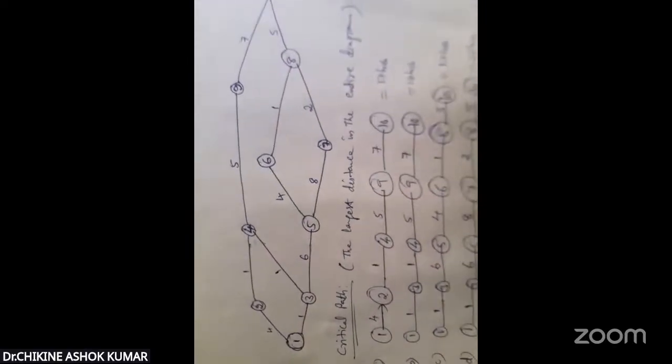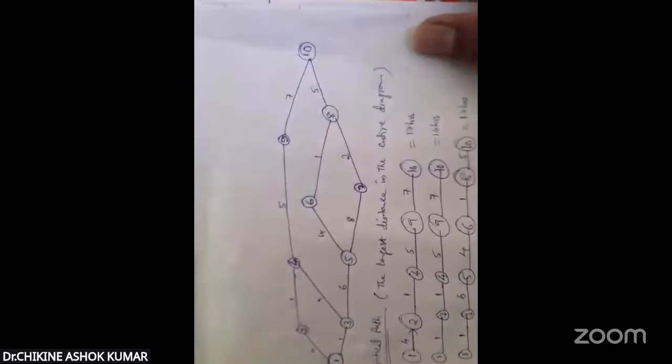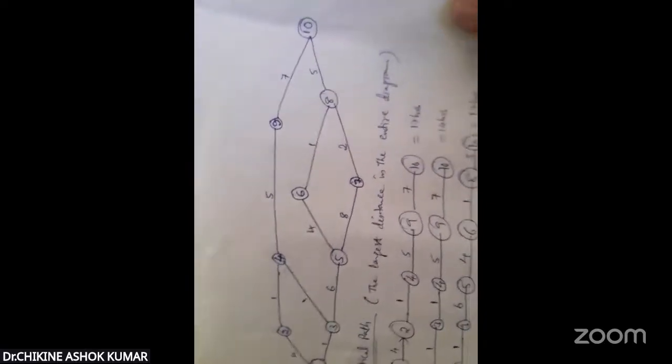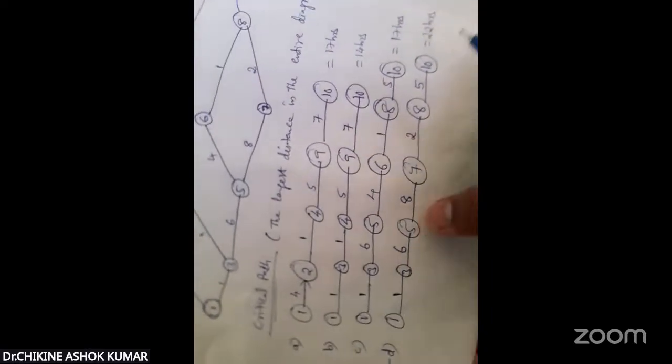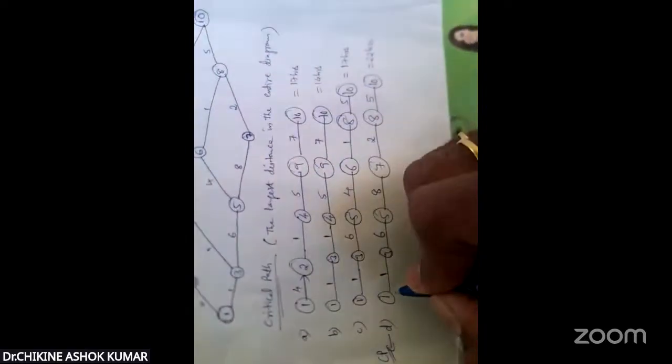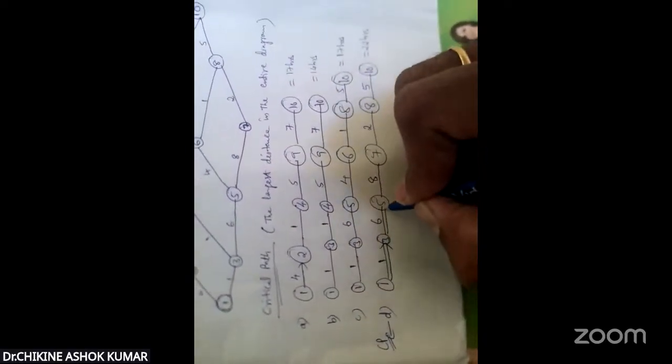Now for this route, we have to find the earliest starting time, earliest finishing time, latest starting time, latest finishing time, and finally we can obtain the float value. But whenever the critical path is obtained, indicate that path route with a double arrow mark like this.